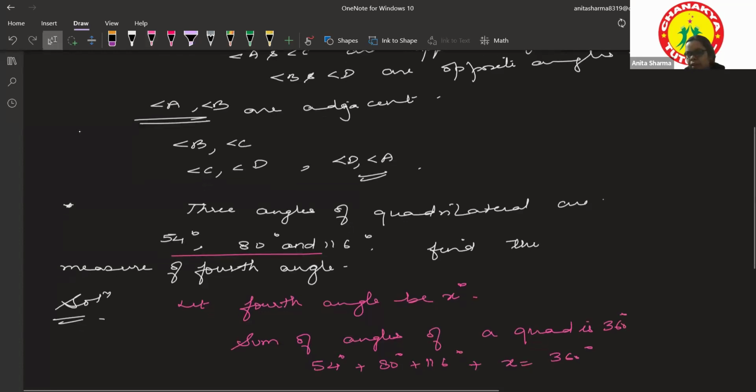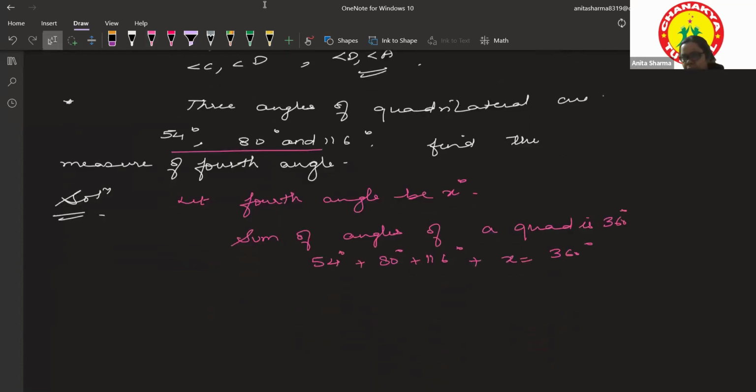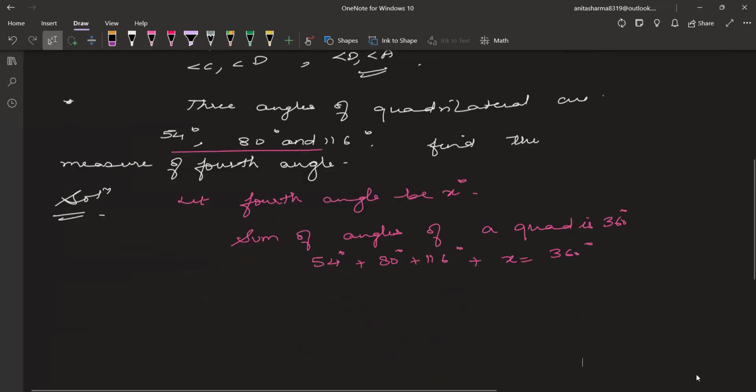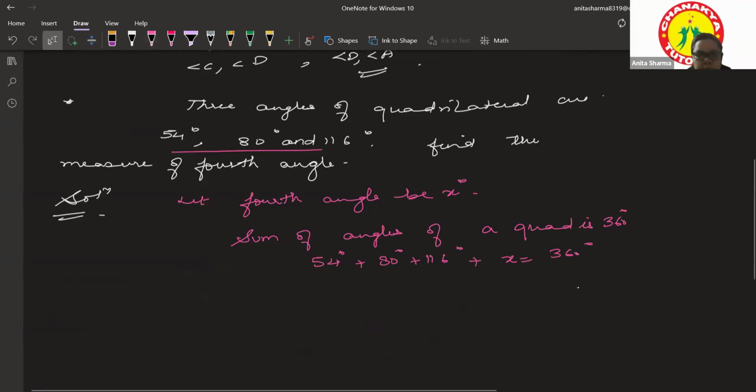Clear, children? Sahiti, Gagna, Lasya, Charan, Rudra, Zubair. Ma'am, we have to find the x, ma'am. Yeah. So we will find the value of x. Please unmute yourself, children.